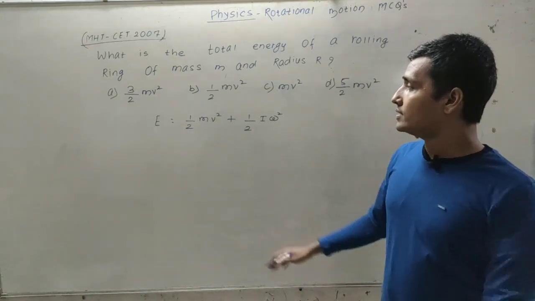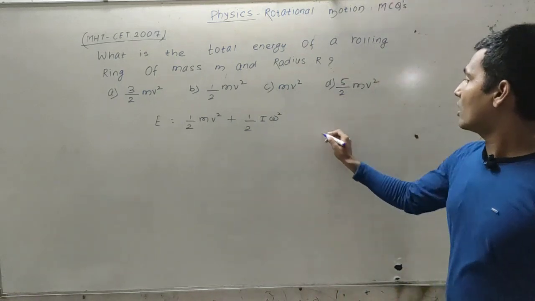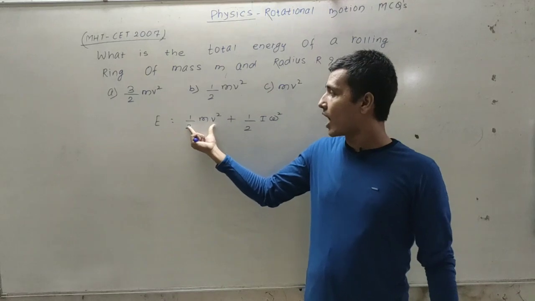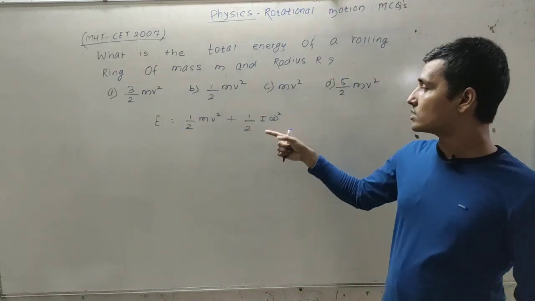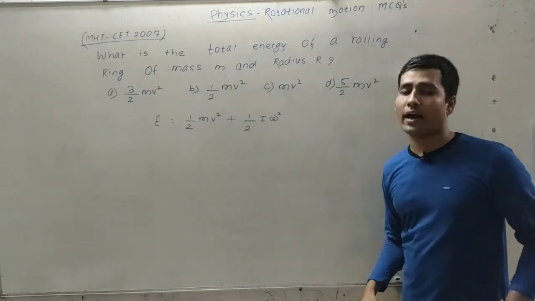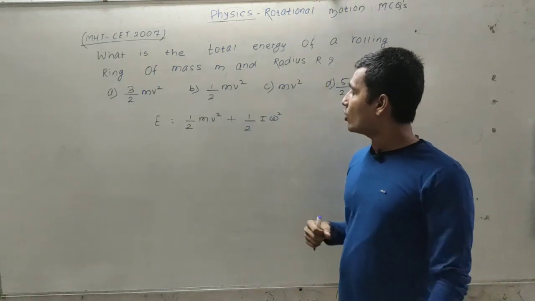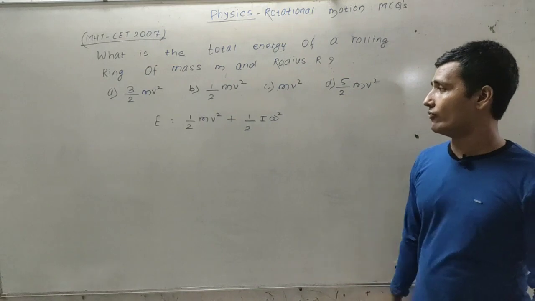When the body is moving on a horizontal surface, its translational kinetic energy is half mv square and its rotational kinetic energy is half I omega square, where I is the moment of inertia of the ring and omega is the angular velocity.